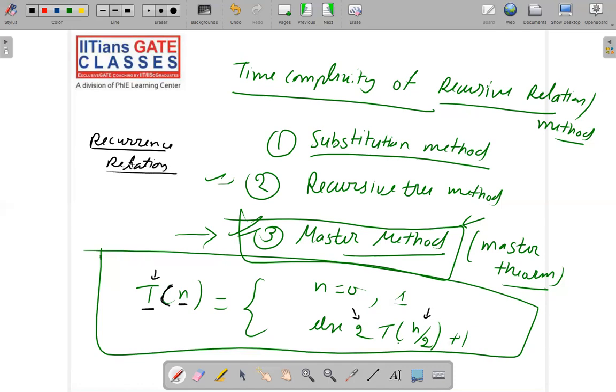So let's start with the master method. Then I will also solve a substitution method example and cover the limitations of the master method.